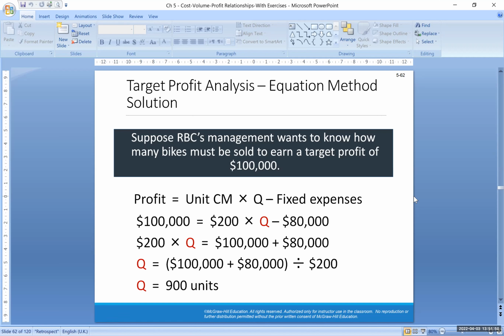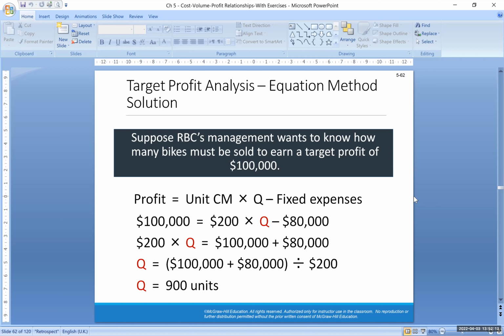Then Q can be calculated from $180,000 divided by $200, and the answer will be 900 units.